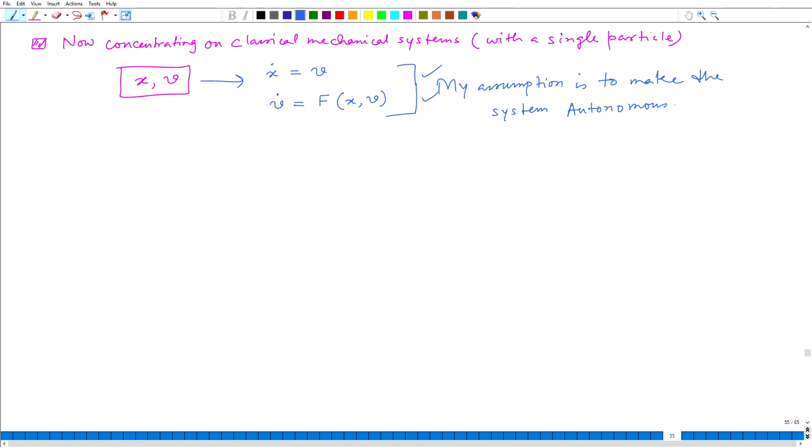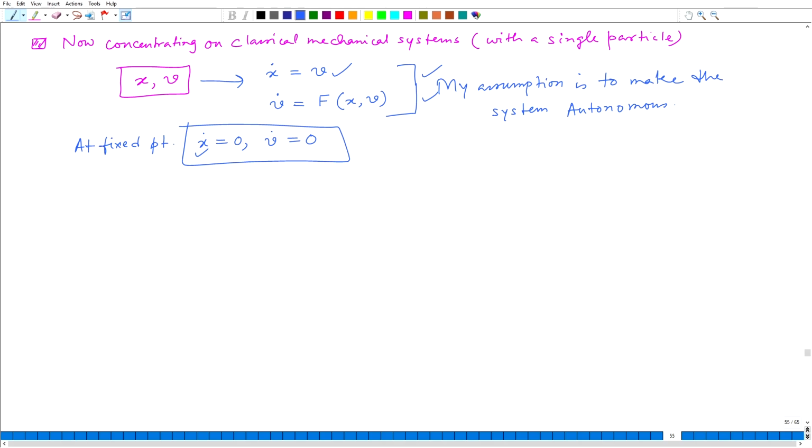If you have this, then at a fixed point x dot equal to 0 and v dot equal to 0. Since x dot equal to 0, v is always 0.